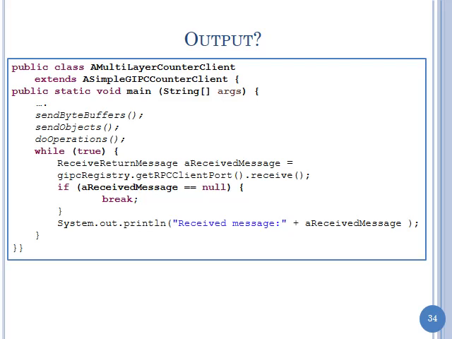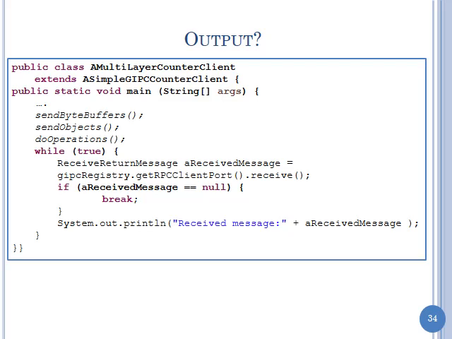The RPC port has a send object; it cannot also have a send buffer. It's a generic type, and you can't have two different implementations of the same generic interface method. So I have to call the send object method, and that will get traced.